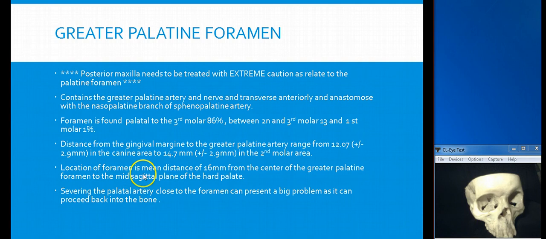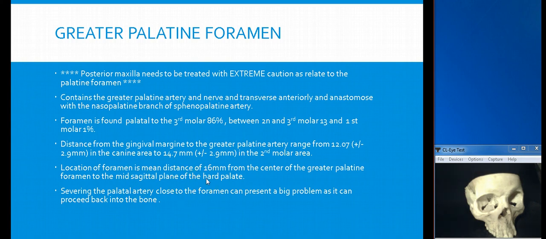The location of the foramen in mean distance is 16 millimeters from the center of the greater palatine foramen to the mid-sagittal plane of the hard palate.